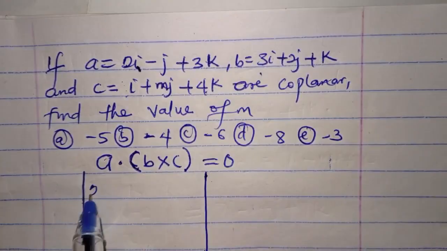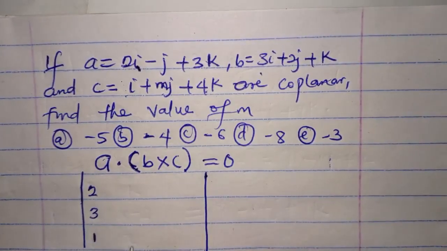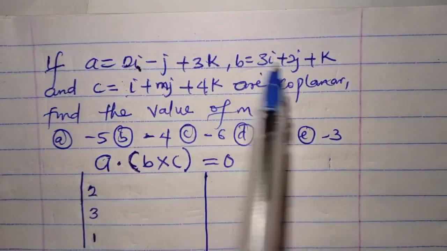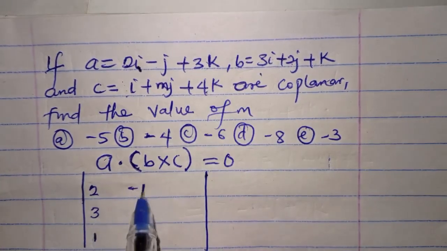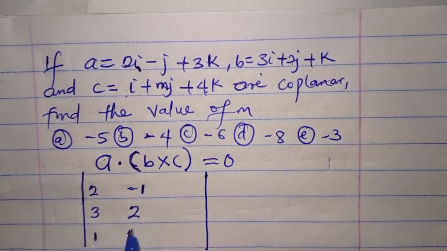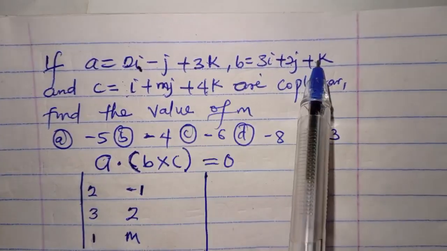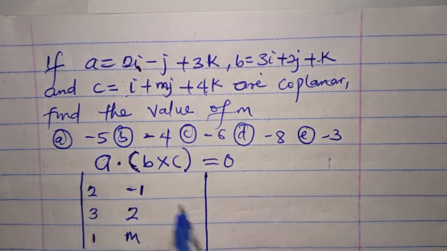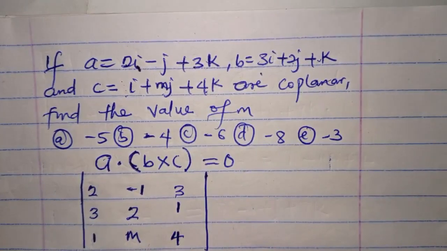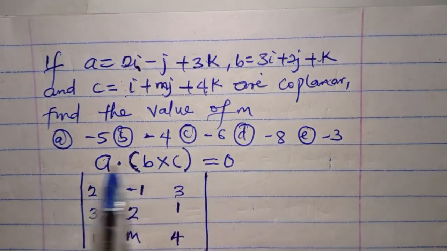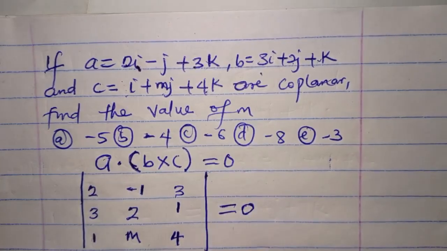For j, they are minus 1, 2, m. For k, they are 3, 1, 4. So what the question is saying is that the triple scalar product is equal to 0. So let's evaluate this.